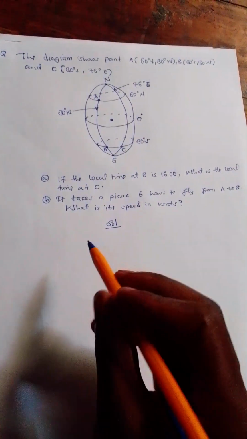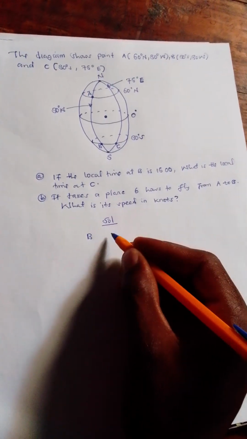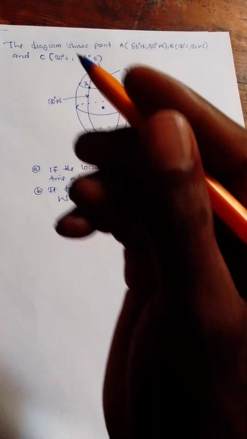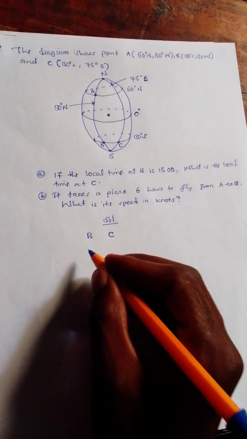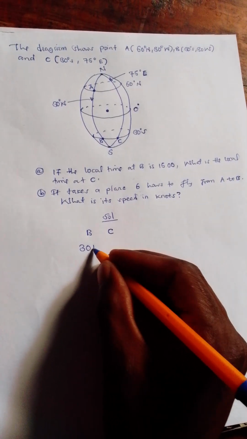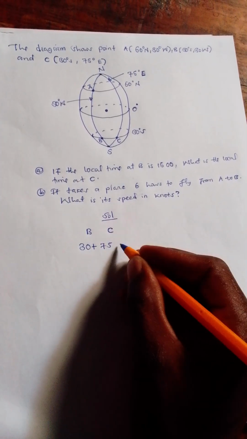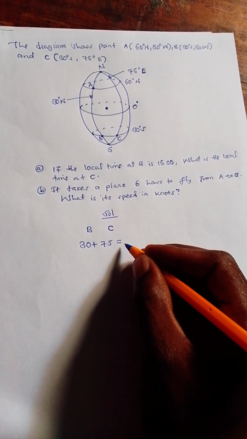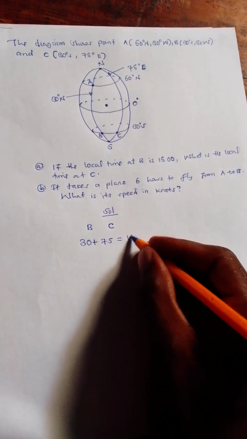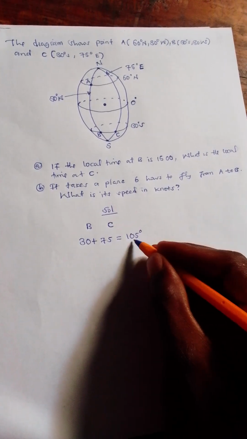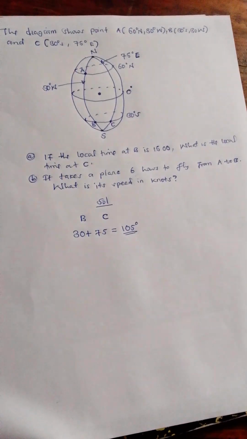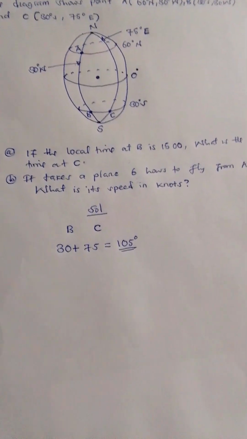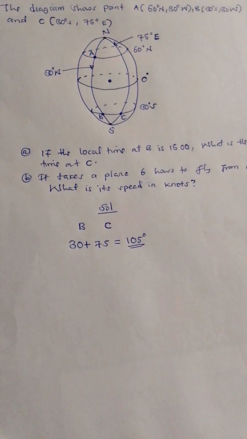Since they are in different directions, point B and C are on different sides, so we'll add the longitudes. 30 plus 75: 30 plus 70 is 100, plus 5, so 105 degrees. This is the difference in longitude between point B and C. It's only when we know this information that we can answer this question effectively.